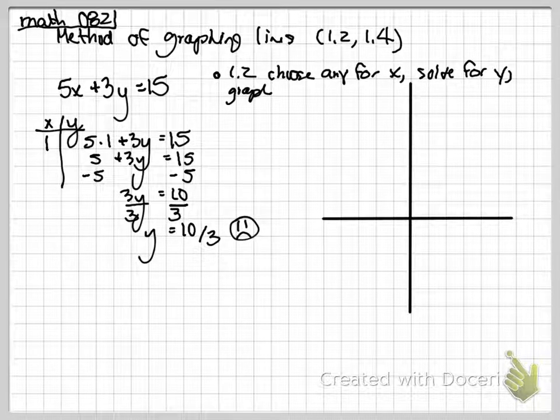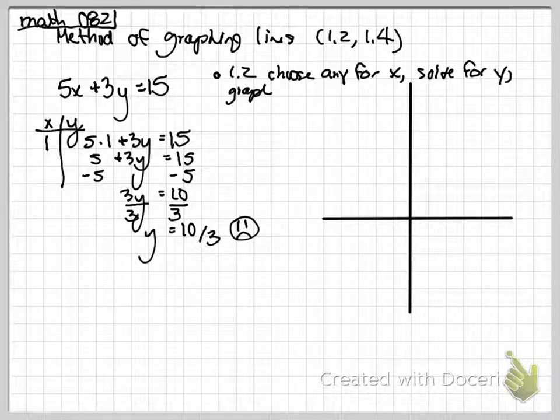Because ideally, when we graph these lines, we really want to land on these sort of perfect, right? We want whole numbers, we want integers. They can be positive, negative, or 0, but we really don't want fractions. Okay, so the reason I'm going through this method is to help you understand how best to choose a method. So if this method doesn't work, as you can see, it did not work very well, right?